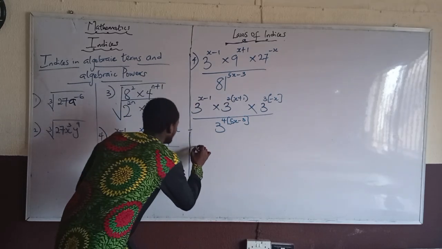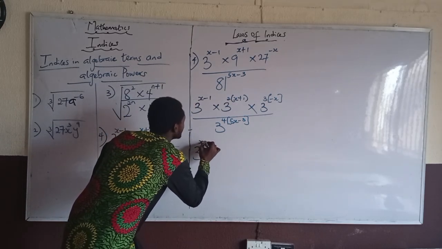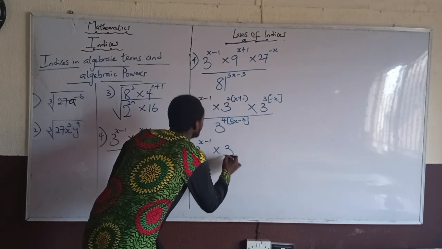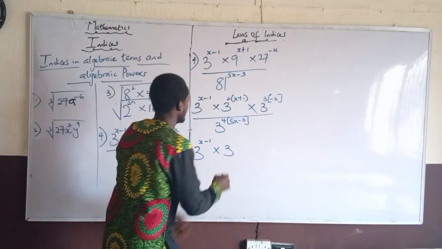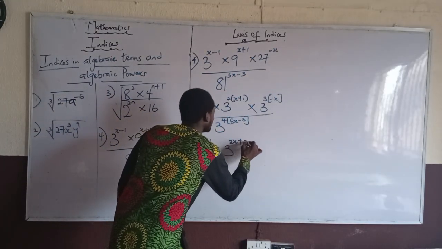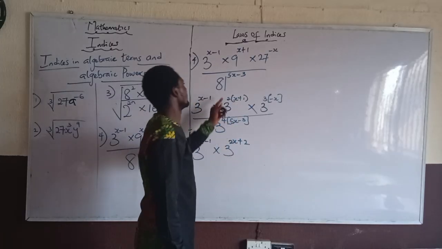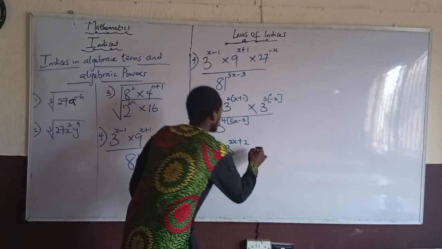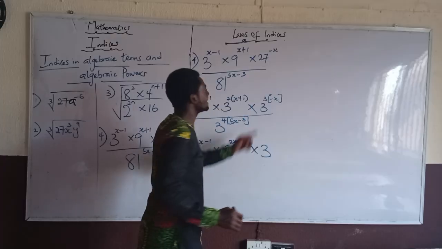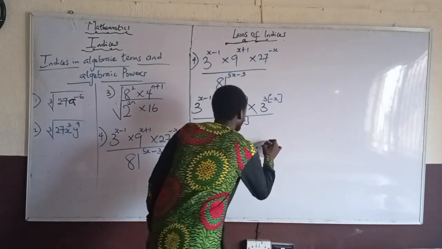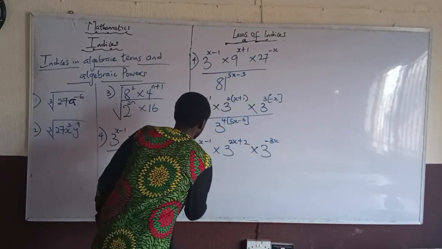So here becomes 3 raised by x minus 1 times 3. I open the brackets. Here becomes 2x plus 2. How did I get that? 2 times x, 2x. 2 times 1 is 2. Times 3. 3 times minus x, minus 3x.